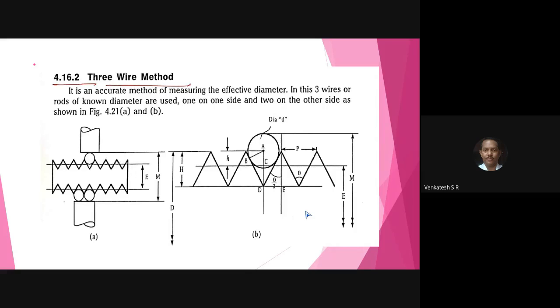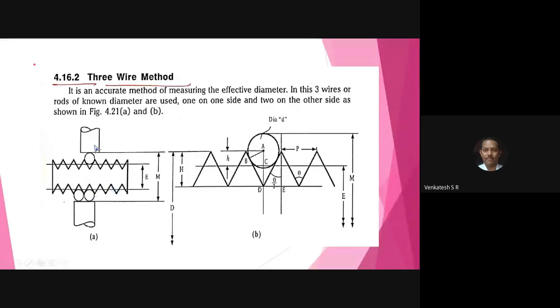All of you observe here. A wire is a small shaft of length 20 millimeter and diameter 2.5 millimeter. Here you have two wires, and another one on the opposite side. You have already seen the micrometer.